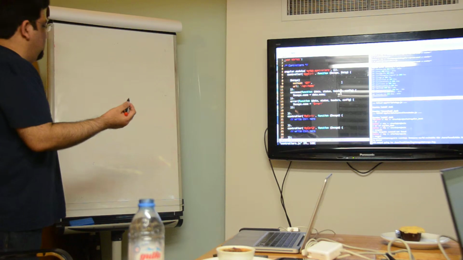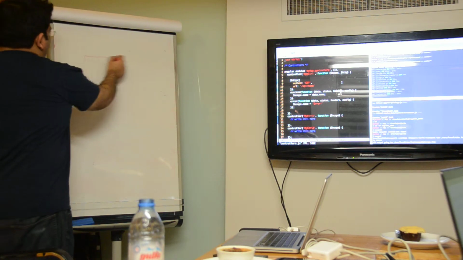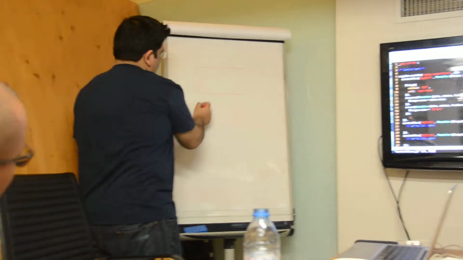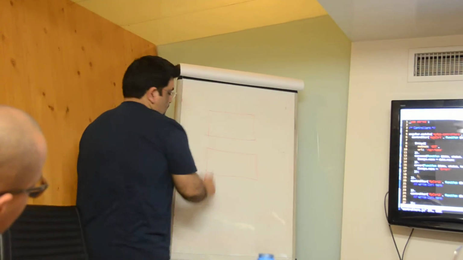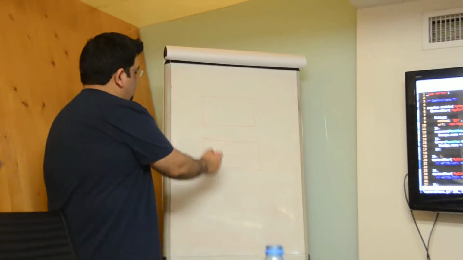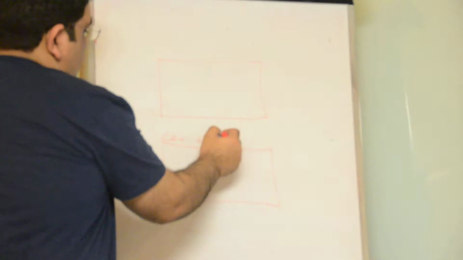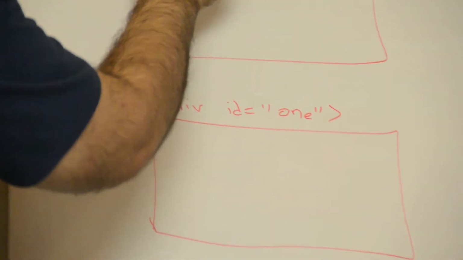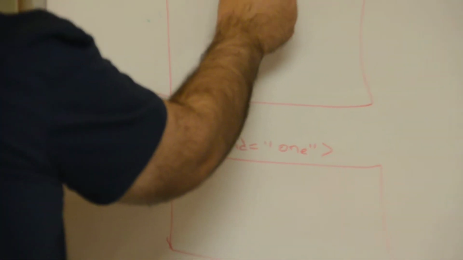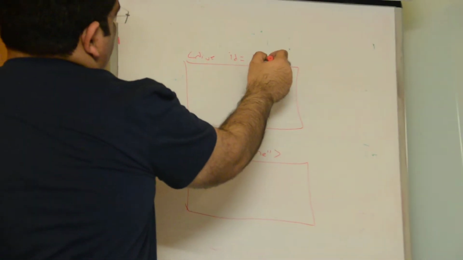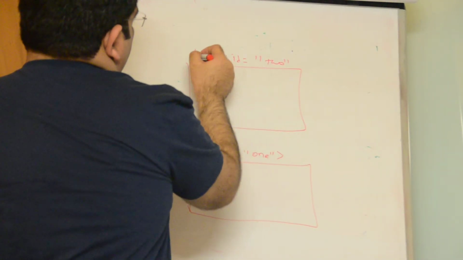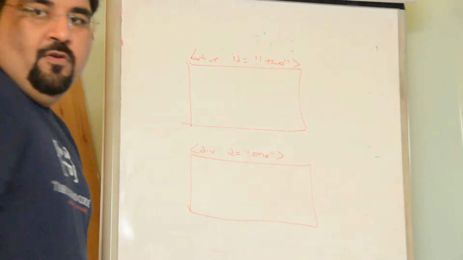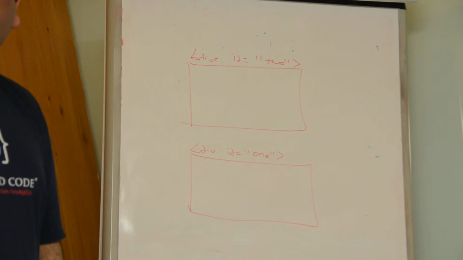So let me explain it to you. Imagine there are 2 boxes, 2 divs in your HTML. You give this div ID equal 1, and this div you say ID equal 2. In normal JavaScript, what would you say?